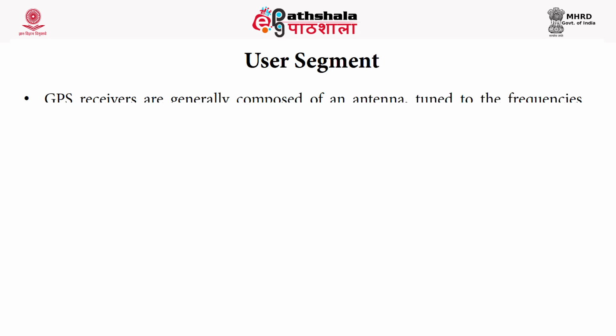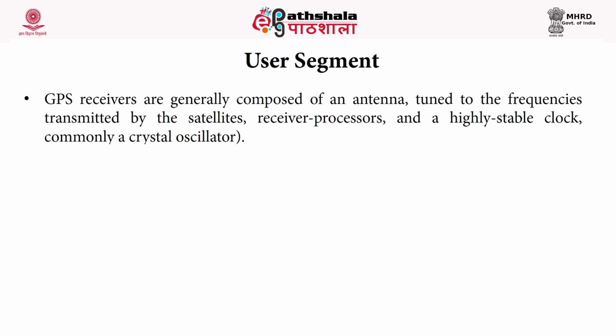The third and the last segment is the user segment, which is generally a GPS receiver. These GPS receivers are generally composed of an antenna tuned to the frequencies transmitted by the satellites, receiver processors and a highly stable clock, which is commonly a crystal oscillator.